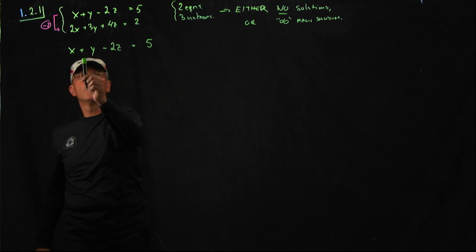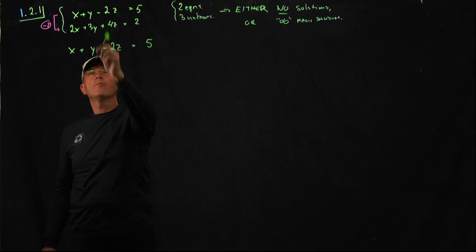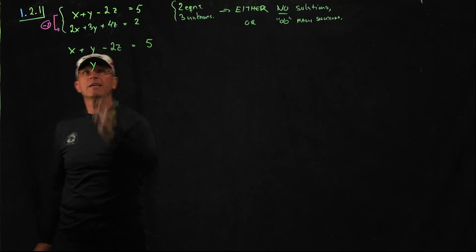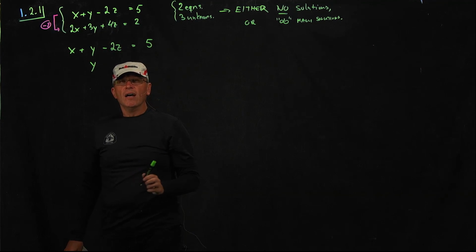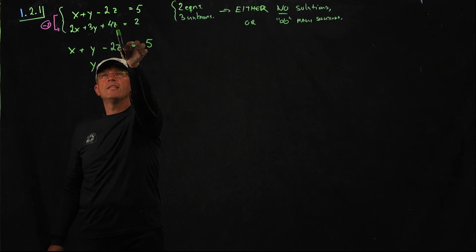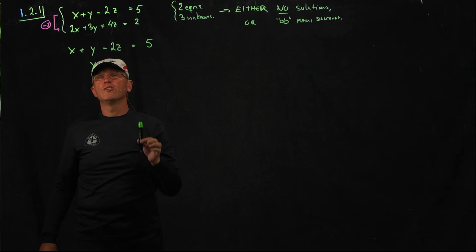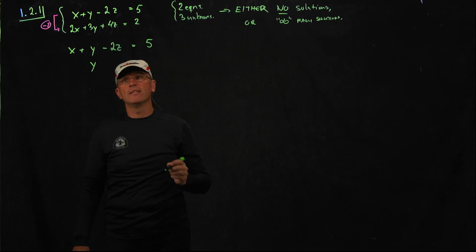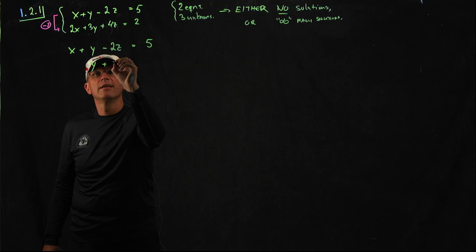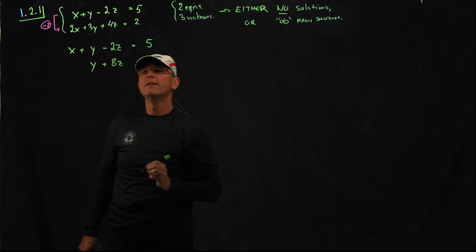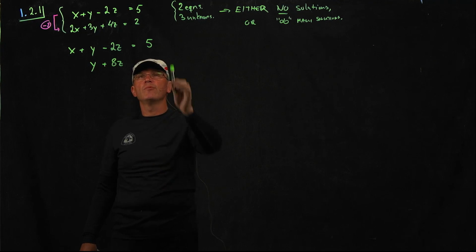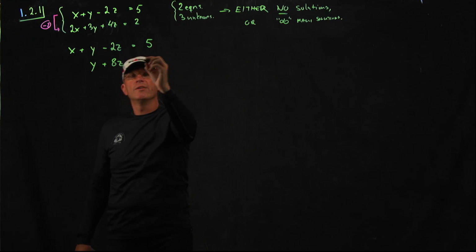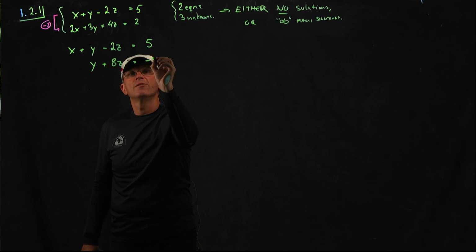The x's go away. We have 3y minus 2y, so that gives us y. We have 4z, subtract negative 4z, right? So we have 8z. And we have 2 minus 10, so negative 8.